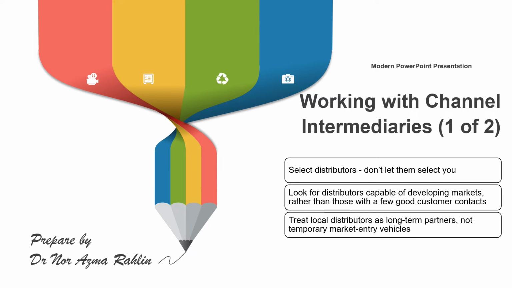Working with channel intermediaries. Channel decisions are important because of the number and nature of the relationships that must be managed. Channel decisions typically involve long-term legal commitments and obligations to various intermediaries. Such commitments are often extremely expensive to terminate or change, so it is imperative for companies to document the nature of the relationship with the foreign partner.